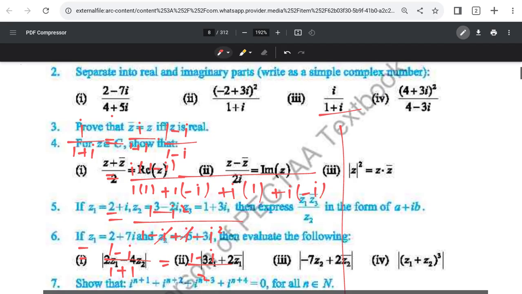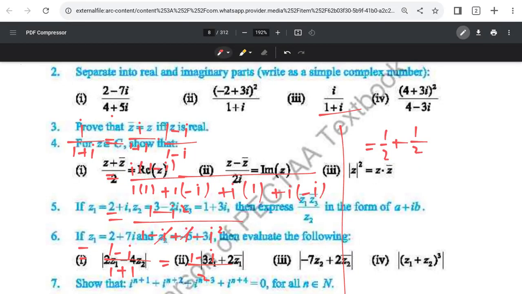Okay, so next we have 1 over 2 plus 1 over 2 iota. So this is the third part of this question, so I hope you guys understand it. So now we move towards the next part 4 of this question.